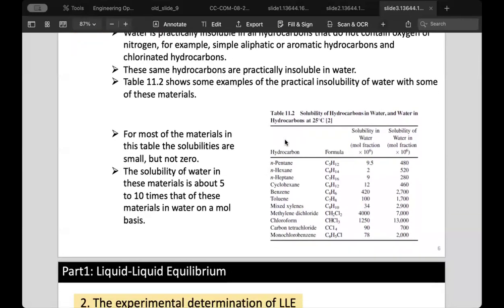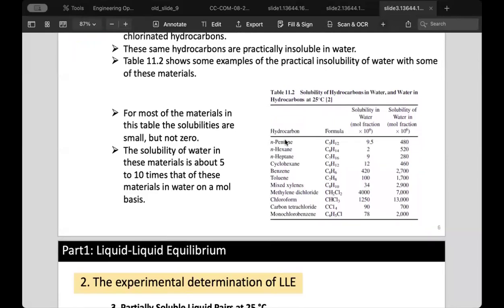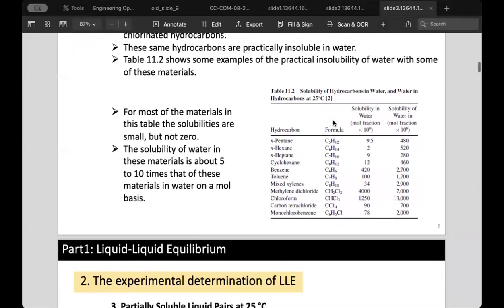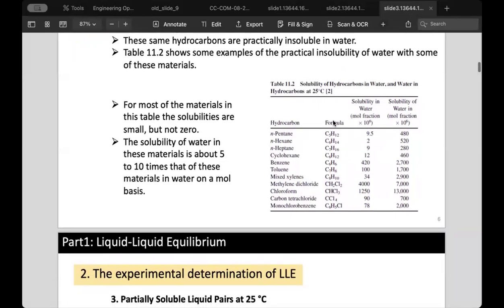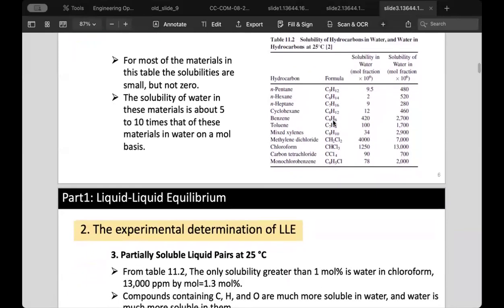What about other systems, like hydrocarbons in water? It's practically insoluble.